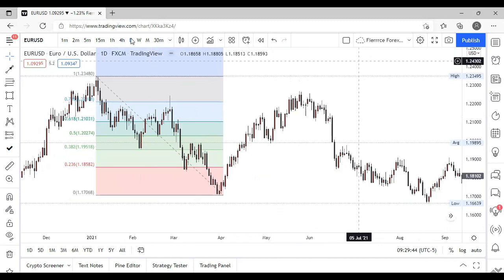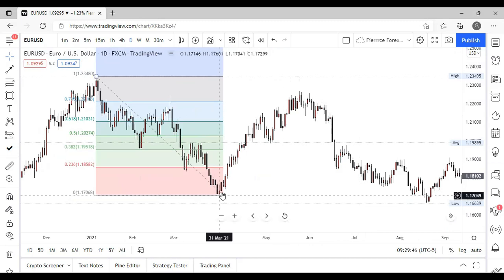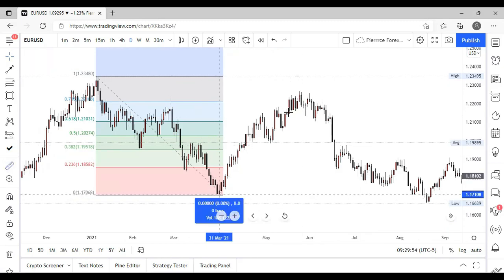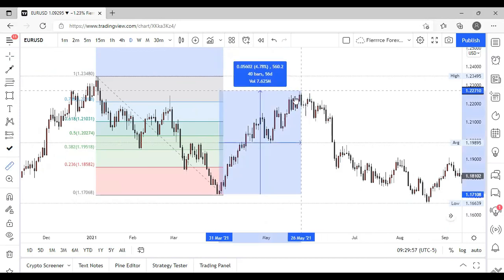So this is a daily time frame. Remember, every candle here is a day. So these are several bullish days. If I take my measuring tool from here to this swing high up here, that's 56 days, and we did 560 pips to the upside. That's a lot.